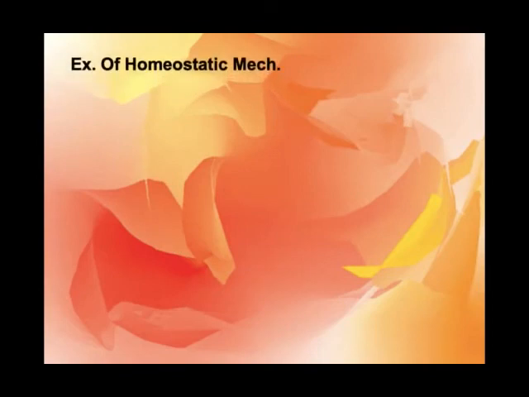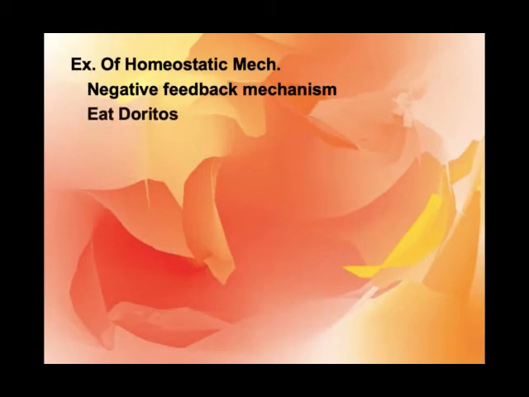Okay, so let's give you an example of a homeostatic mechanism. There are positive feedback mechanisms, and there are negative feedback mechanisms. I'm going to talk to you about a negative feedback mechanism right now. You're like most teenagers, and you love Doritos or Cheetos or really salty foods, and you get yourself a big family-sized bag of Doritos.